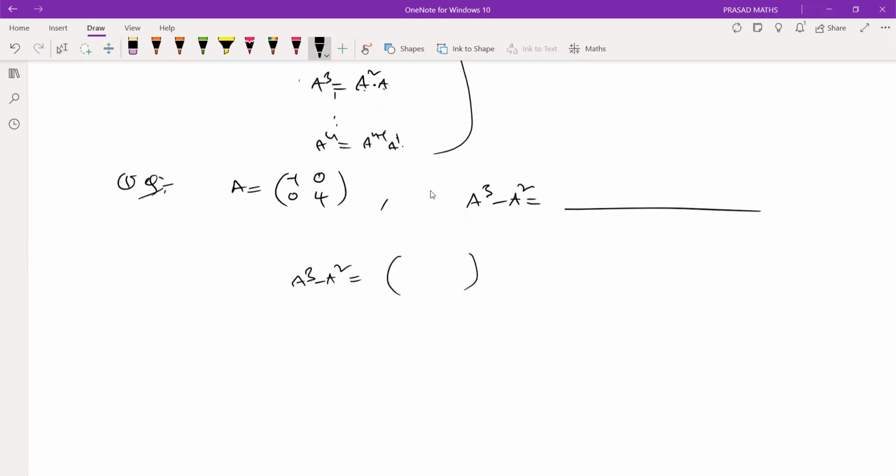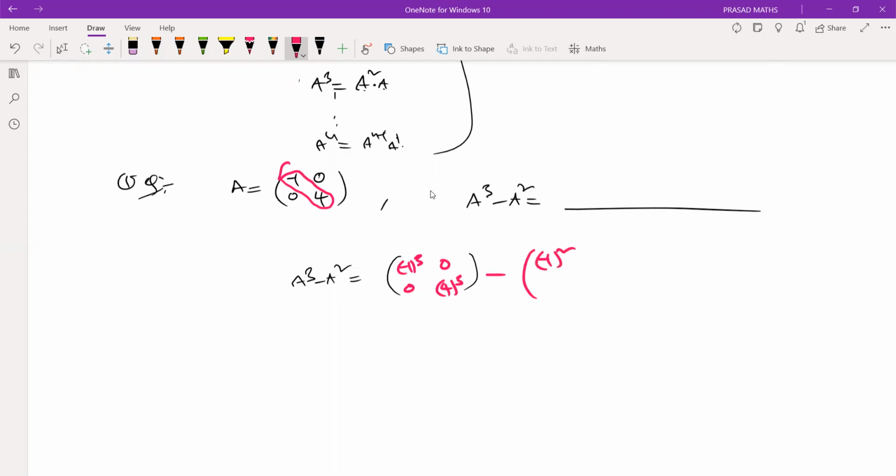Don't do the product A into A into A. The simple trick I already told you: since it is a diagonal matrix, you can take the cube directly.